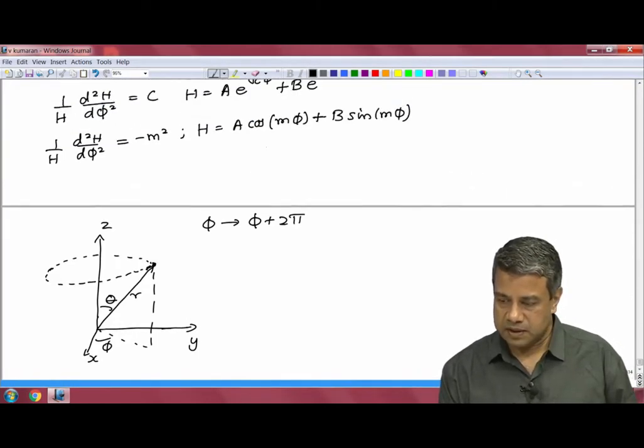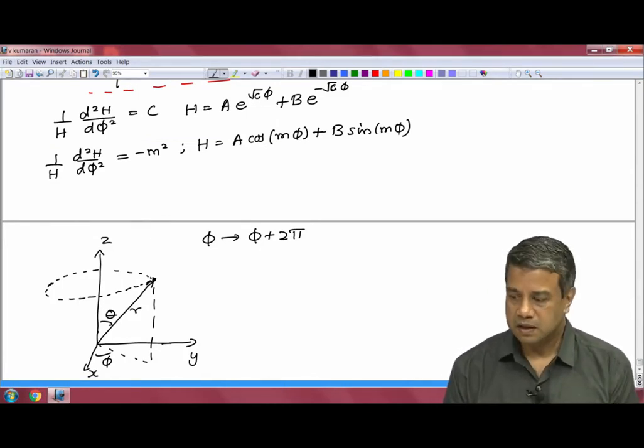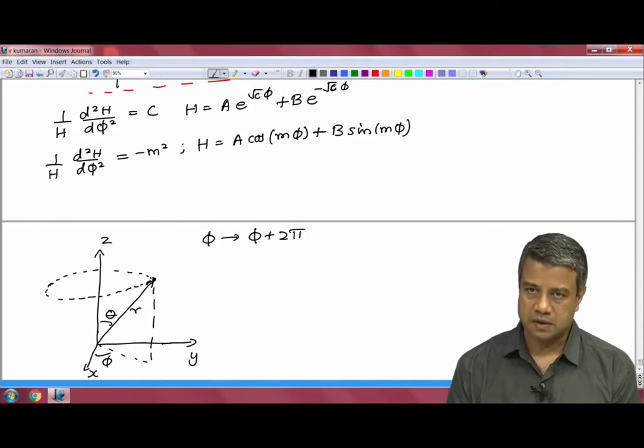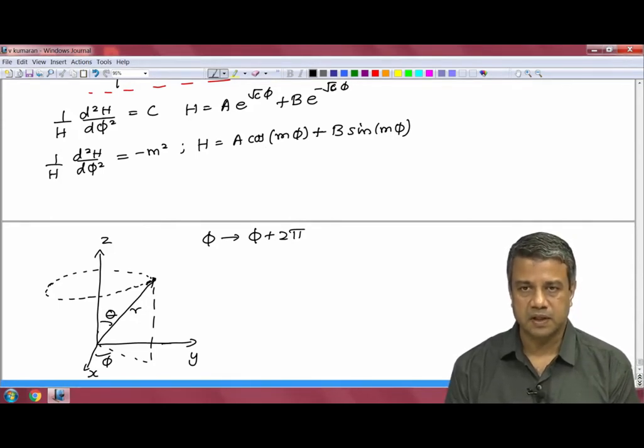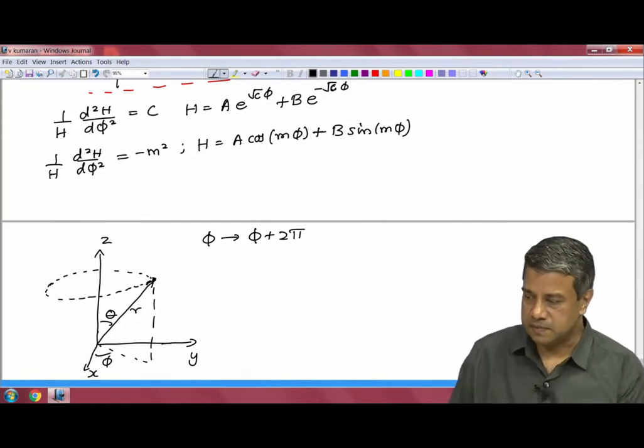If h were the sum of two exponentials and you increase phi by 2 pi, the value of that function h will not in general be the same. You cannot, because as you go around by an angle of 2 pi, you have to come back to the same physical point in space.